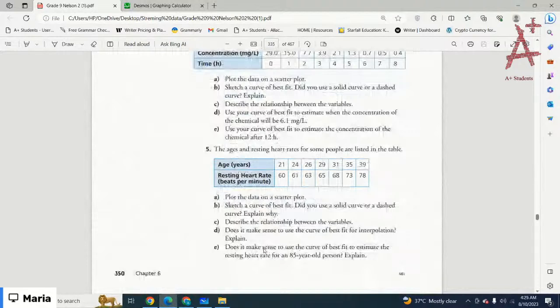Okay, you can see the heart rate is increasing: 21, 24, 20, 60, 61, 63. The heart rate is increasing, right?